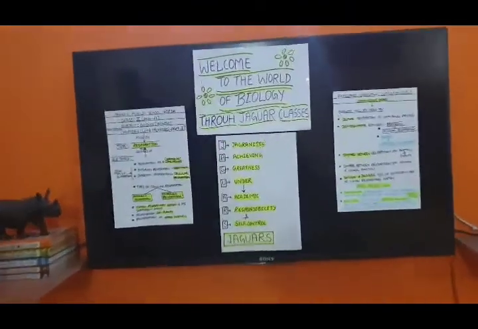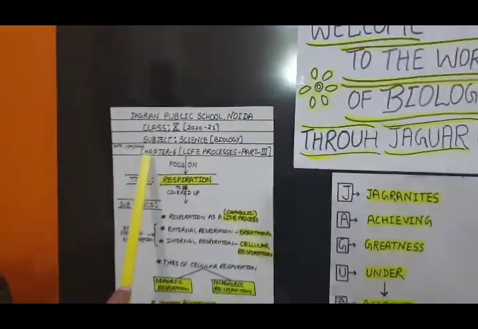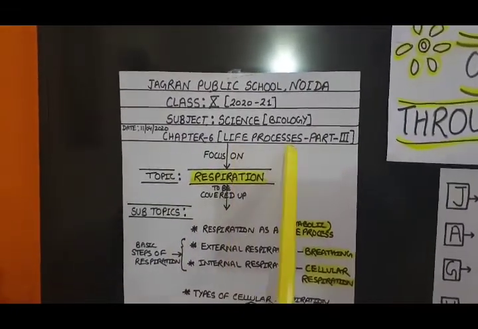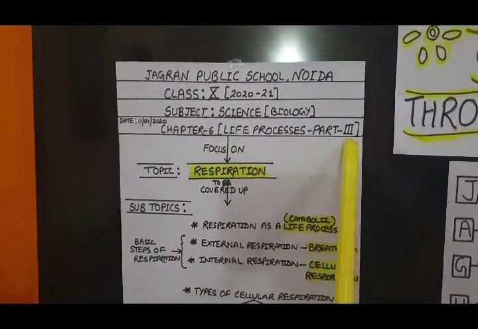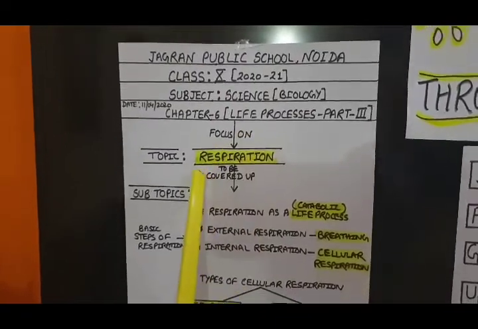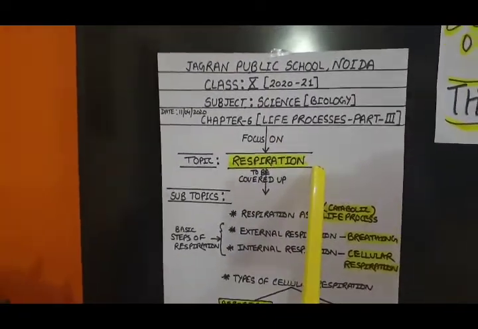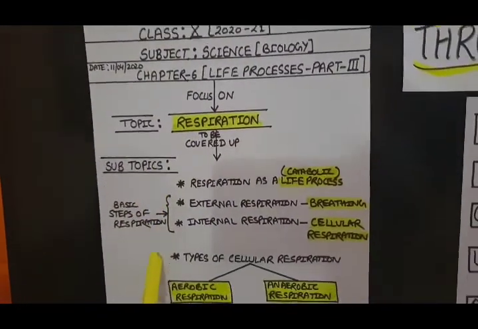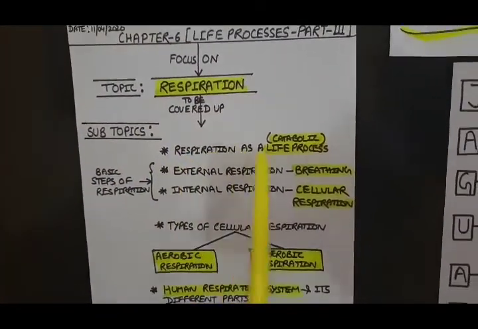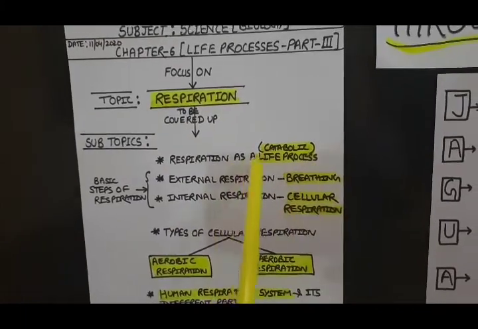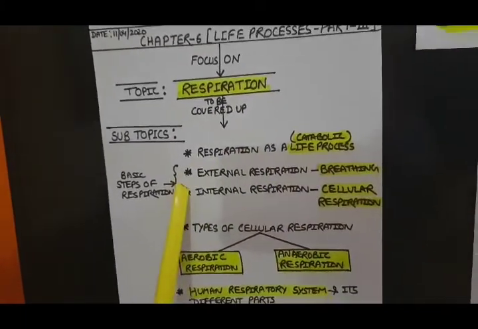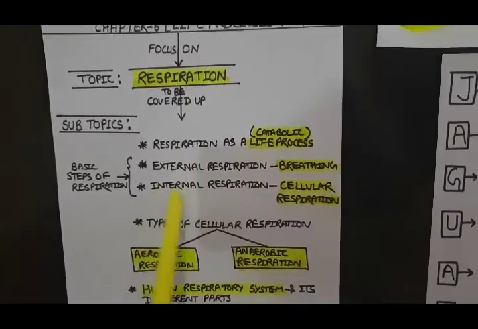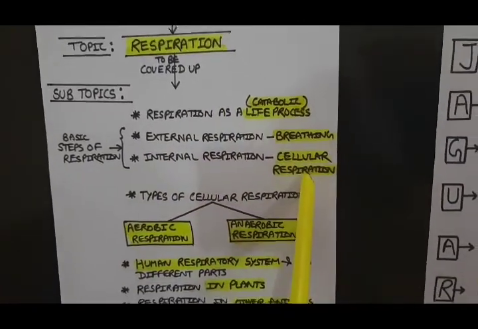Now in today's class, I will continue with chapter 6, life processes, and this is part 3, in which I will focus on respiration as a life process. The subtopics which will be covered during this class: respiration as a life process, which is a catabolic process that we have already studied in earlier class; external respiration as breathing; and internal respiration as cellular respiration.